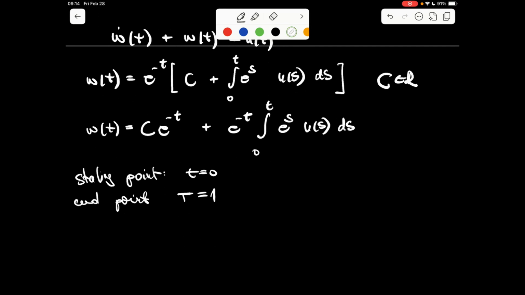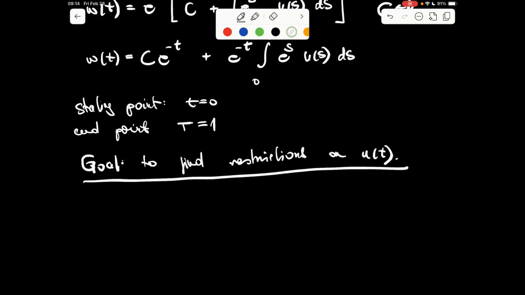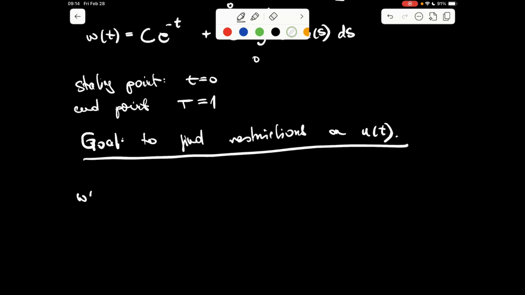Our goal at this point is to find restrictions on u. So let's use the boundary conditions. First, we know that omega at time 1 is 0.